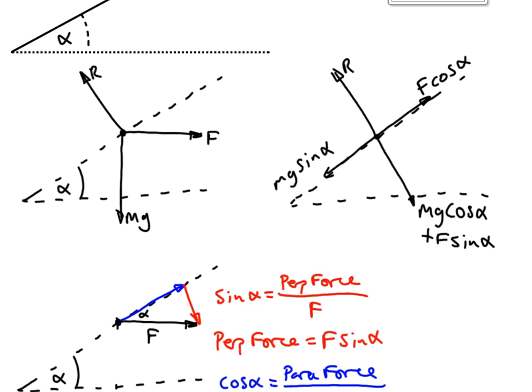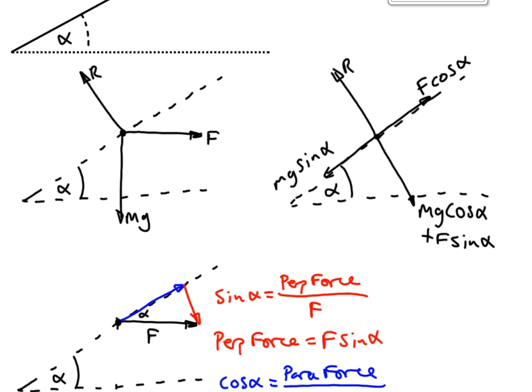Now, to this point, students new to this sometimes get a little bit confused because we've got both cosines and sines of alpha acting perpendicular to the surface, and both cosines and sines of alpha acting parallel to the surface. That's okay.